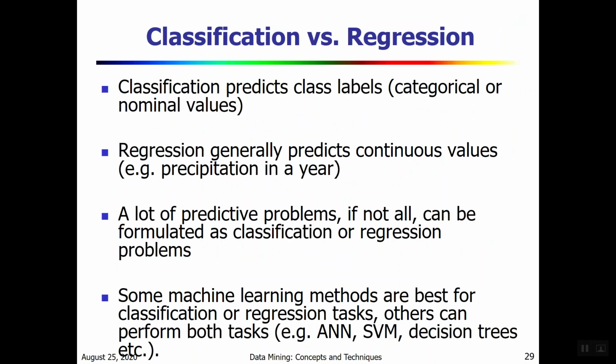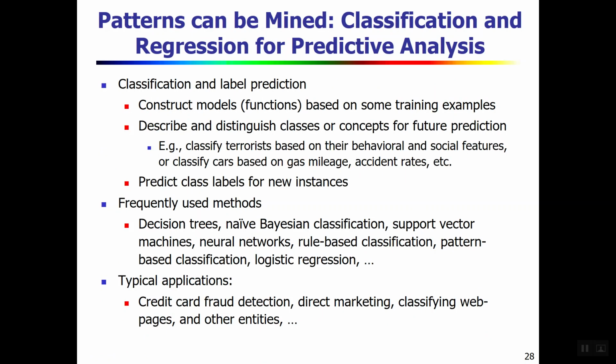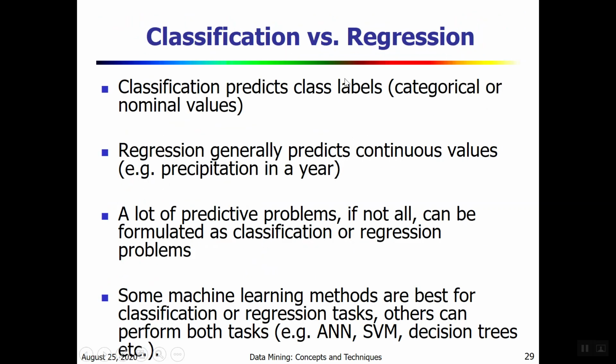And then regression, we talked about classification, and next we're going to talk about regression. Logistic regression predicts class labels, so this is a special case in regression. But when we talk about regression, we talk about numerical regression, where you predict continuous values.